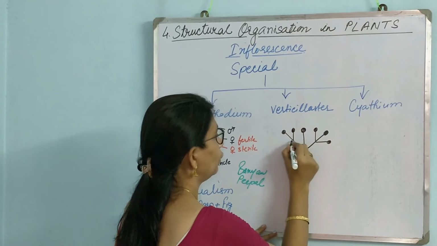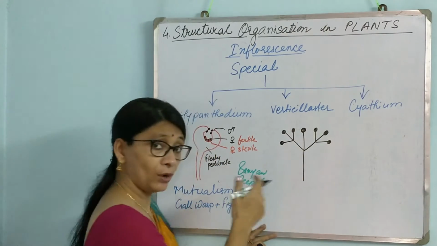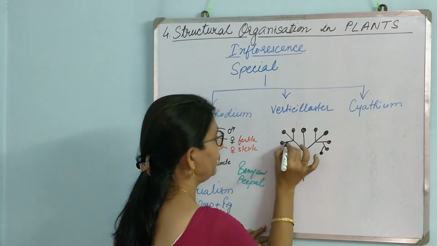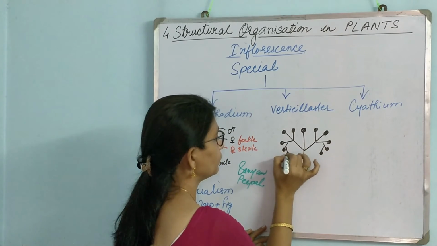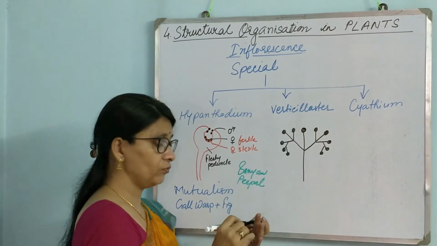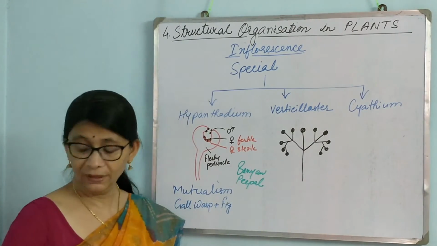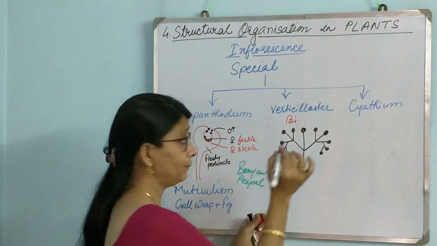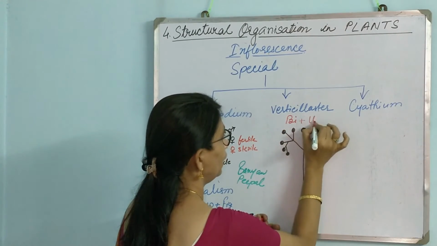But from then onward, it will be all uniparous. So it's a combination of biparous and uniparous. It's a combination of first two division is biparous, then further division are uniparous.